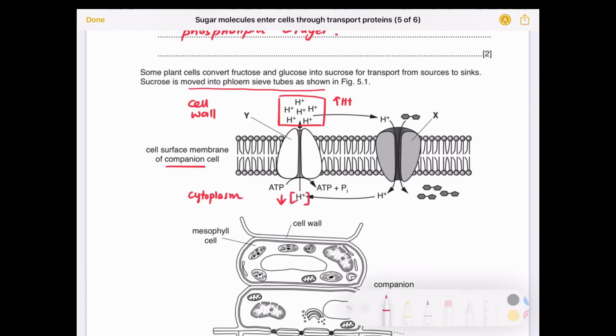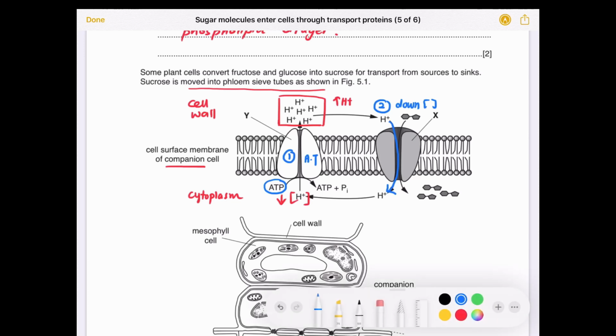So step 1, H plus is actively transported against the concentration gradient into the cell wall. Another clue is, you see there's ATP used here, to pump the H plus against the gradient. Then number 2, the H plus will move down the concentration gradient into the cytoplasm of the companion cell.